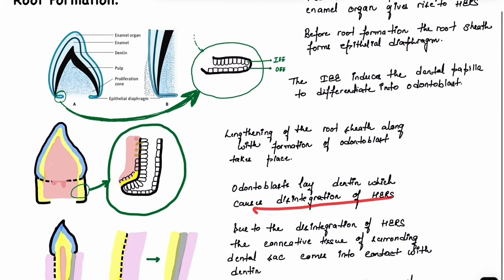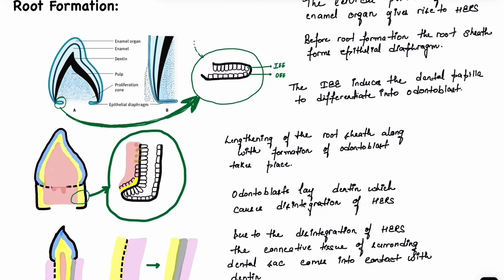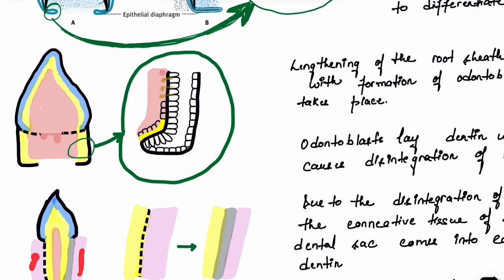When the breakdown happens, the connective tissue that was outside the dental papilla will come in contact with the dentine, and this differentiates into cementoblast. So this was tissue of the dental sac. Okay, and now since it came in contact with the dentine, this area will differentiate into cementoblast and this will lay cementum. I'll show you over here.